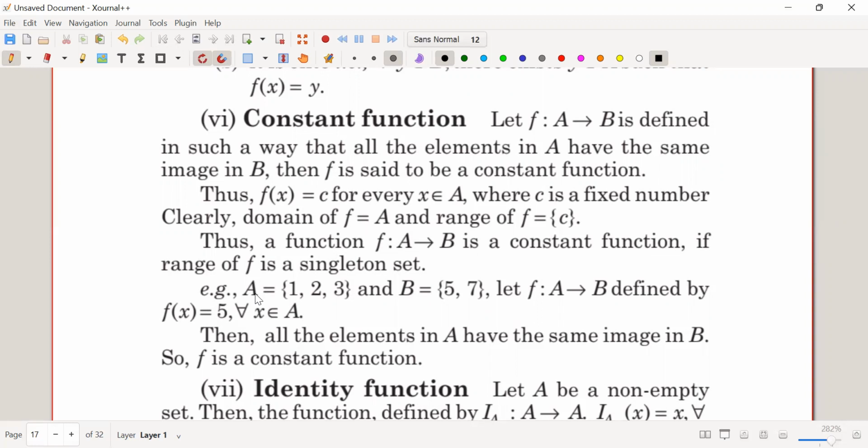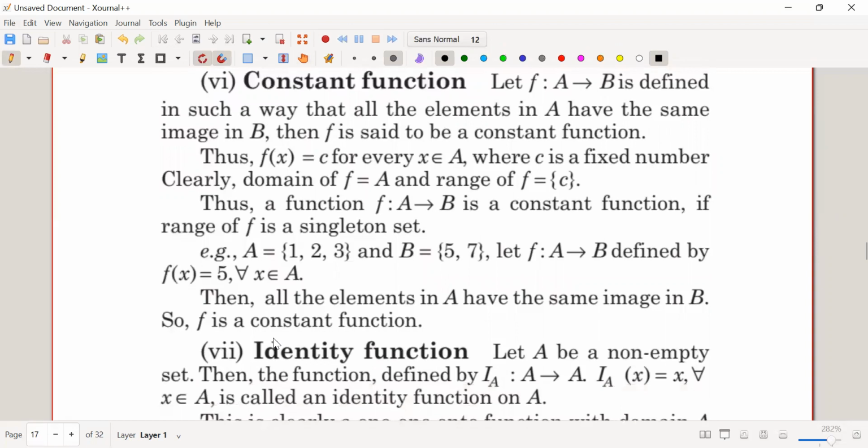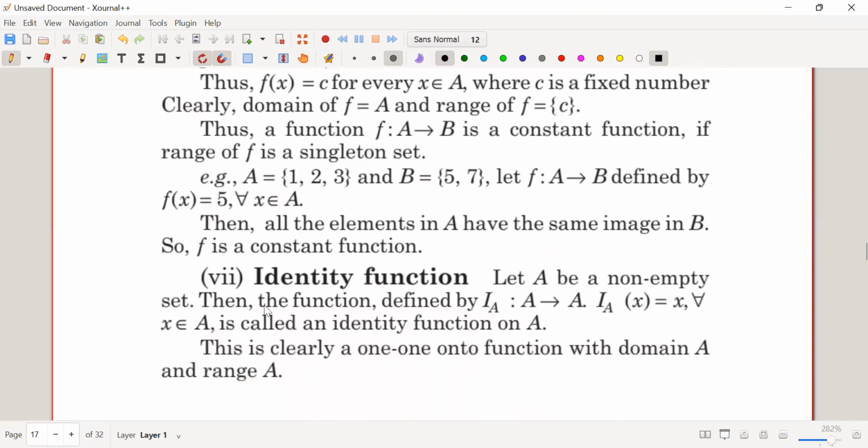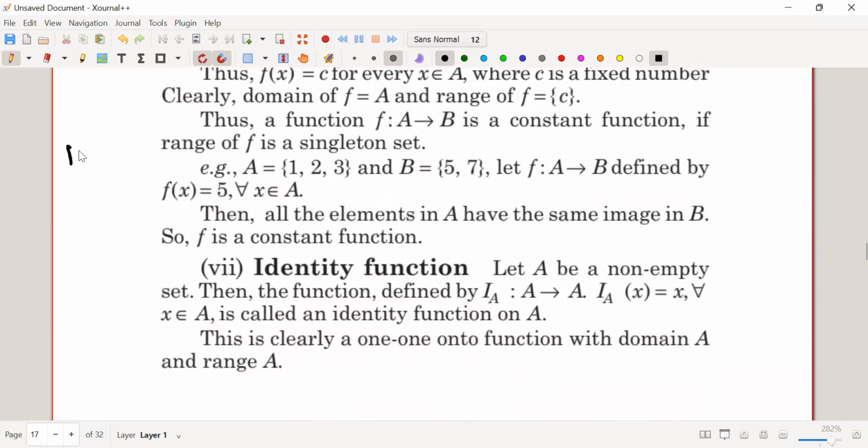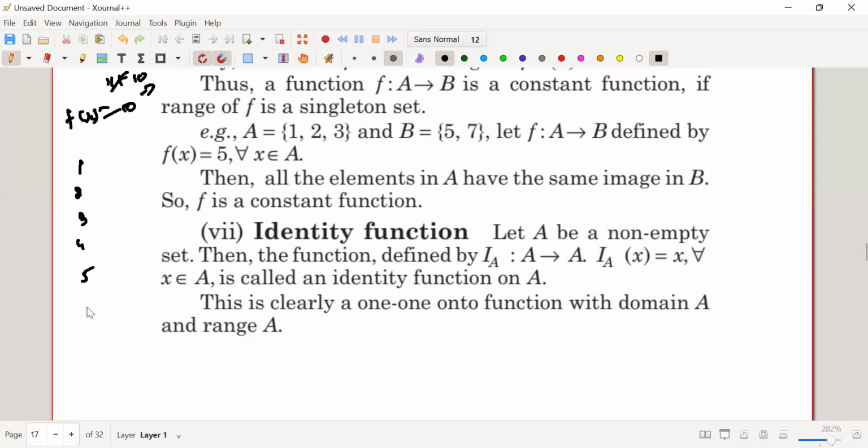Right? If I am having f of x equal to 10, and the domain is 1, 2, 3, 4, 5, there is no x entered, no x plus 10. So everything will map to 10 only. That is known as a constant function.